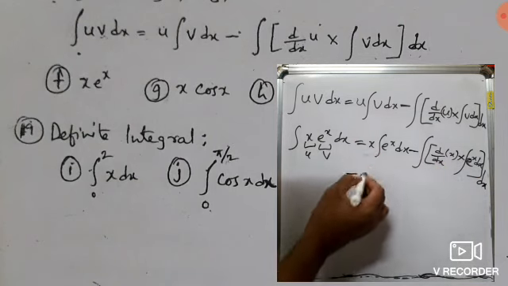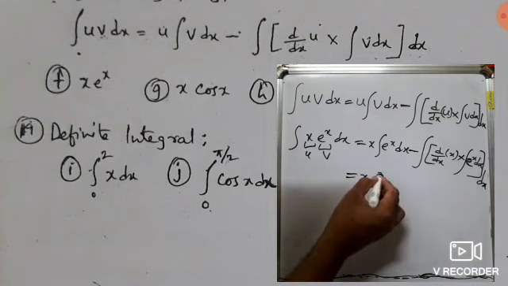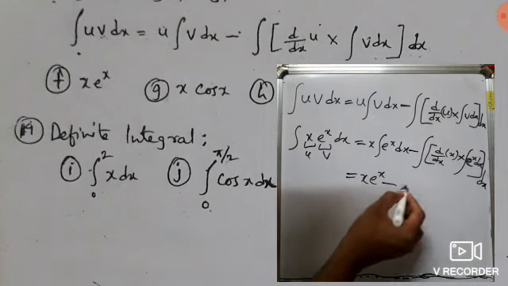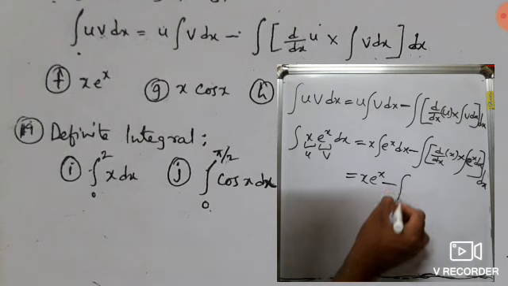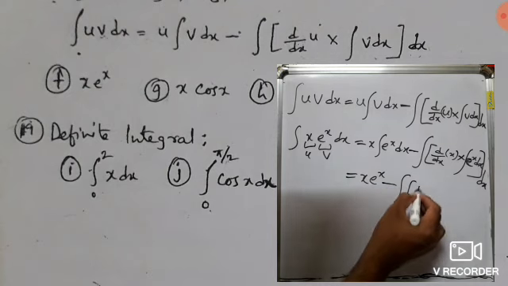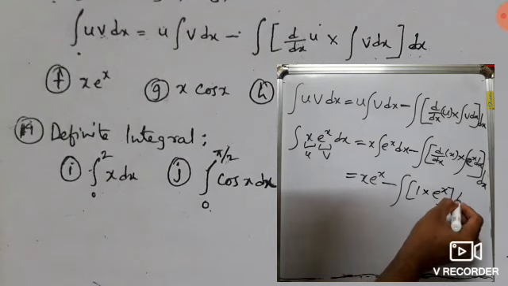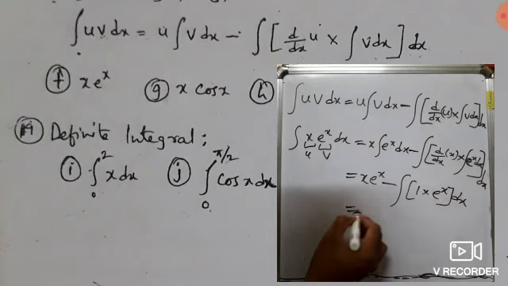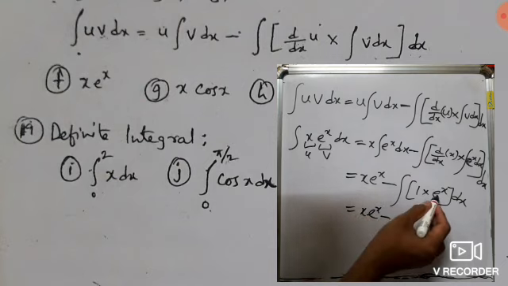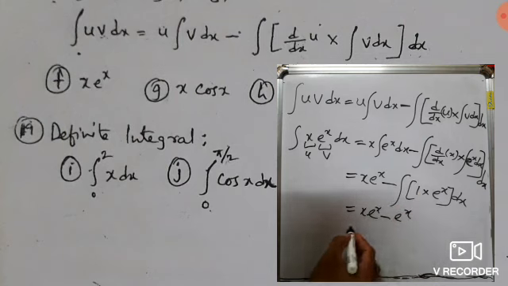Now e^x dx integration will remain as e^x, minus d/dx of x means it is 1 into e^x dx, means it is e^x into dx. So the answer is x e^x minus e^x dx, integration will remain as e to the power x.